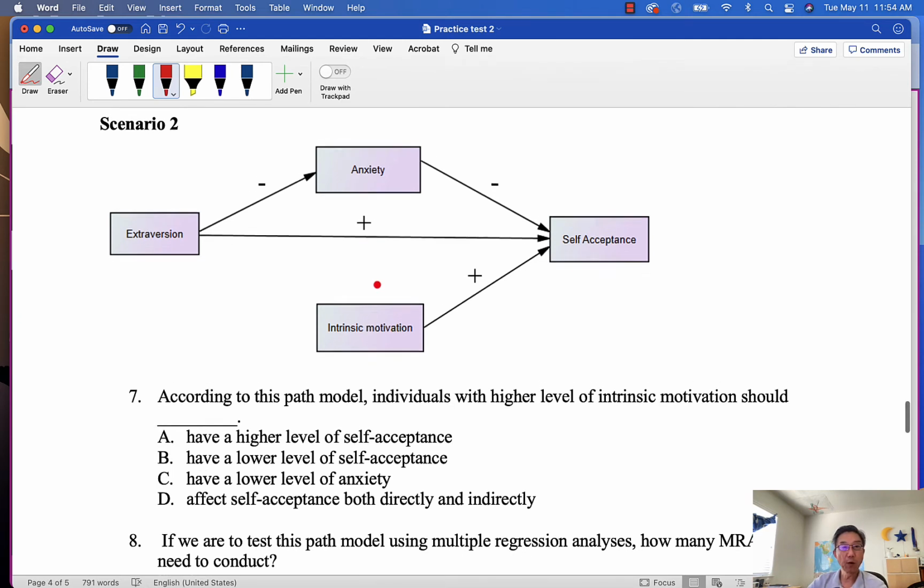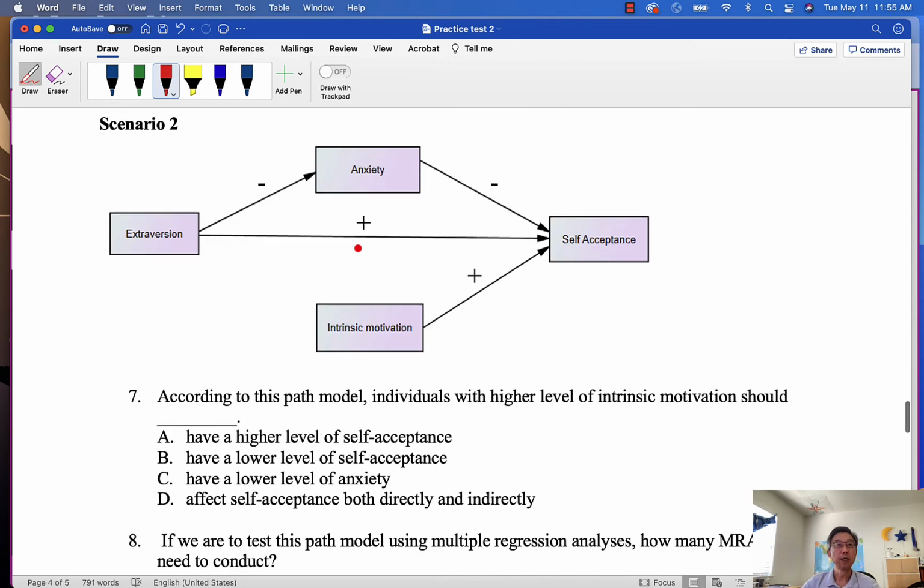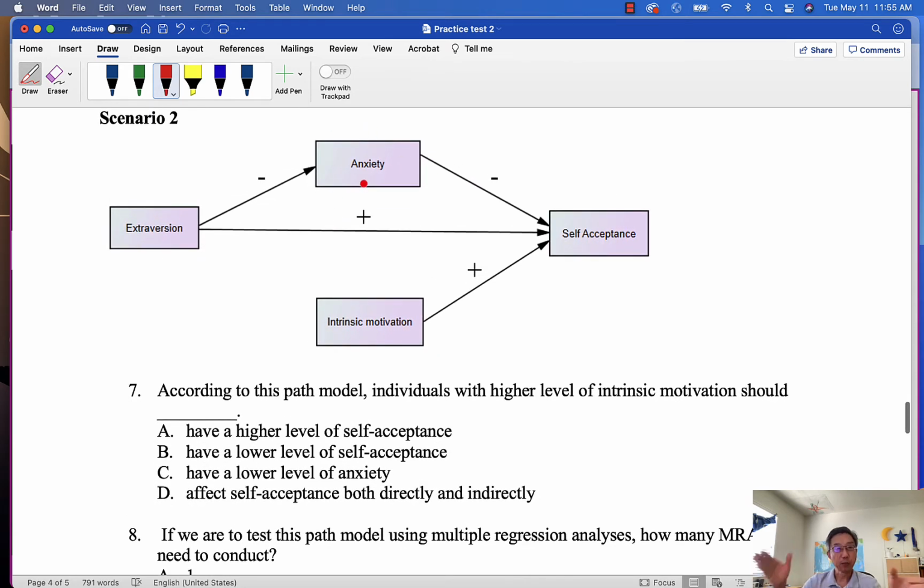And you probably also recognize that if we remove intrinsic motivation, then we would be looking at essentially a mediation model in which anxiety is proposed as the mediator, the one that explains the relationship between extroversion and self-acceptance. But overall, we are looking at a path model.